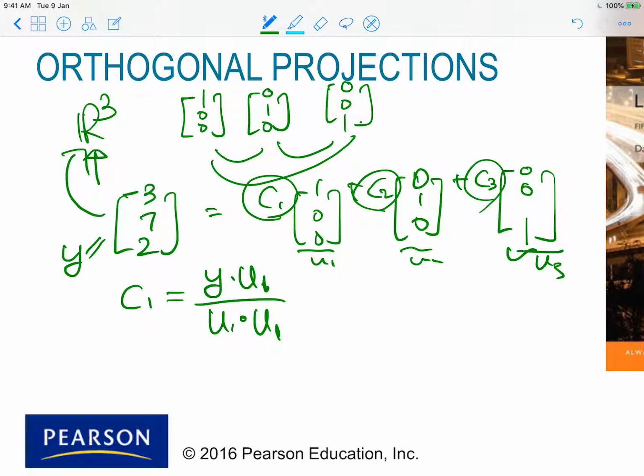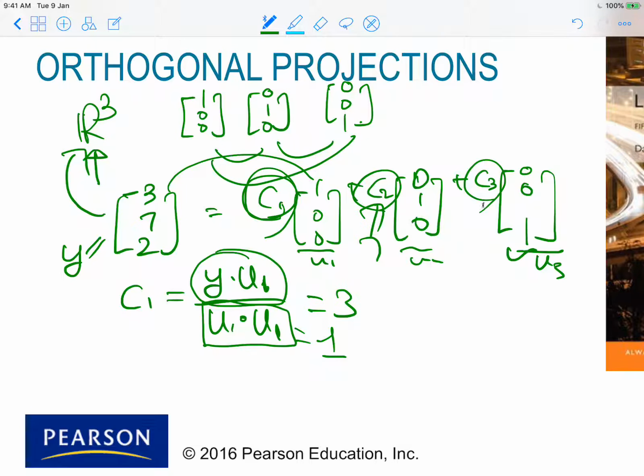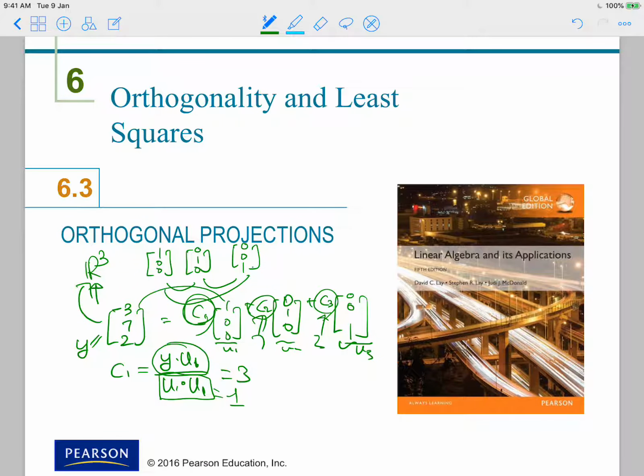And so here, one additional convenience that we can have from having an orthonormal set is this part is always 1, right? So simply, this C1 is further simplified as just a simple inner product between this Y and the U1, okay? So in this case, if we compute the inner product, the inner product will be 3, right? And 7 and 2. Okay, so we can compute this C1, C2, and C3 in this easy manner, right?